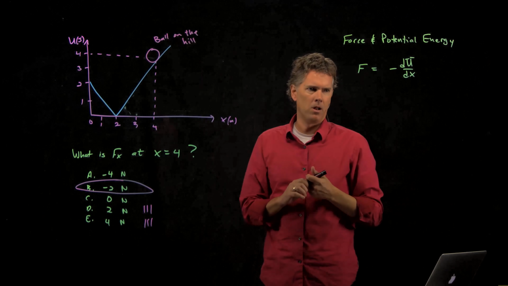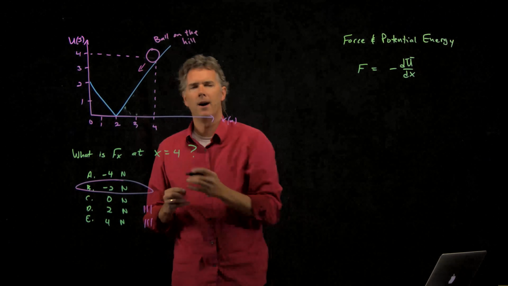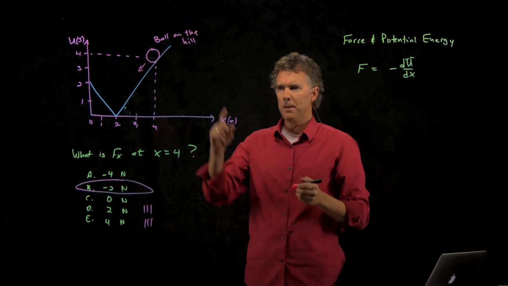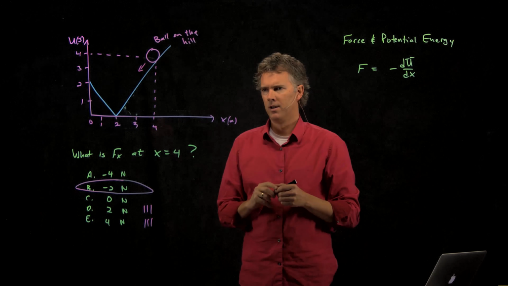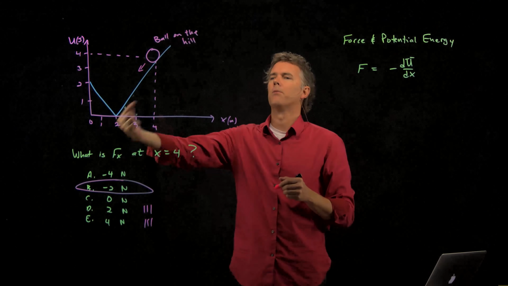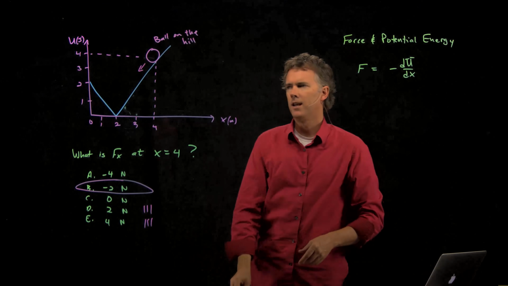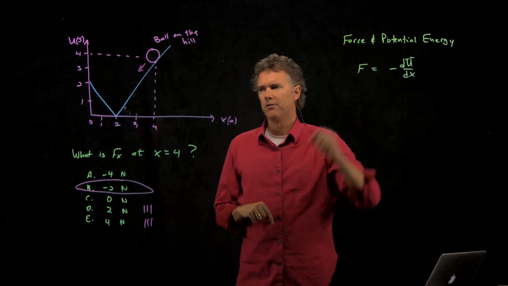It's going to roll down the hill, right? Does that mean a positive force on it or a negative force? A negative, because positive x is to the right. So the force on it is not to the right, it's got to be to the left, and that's where this negative sign came into it.